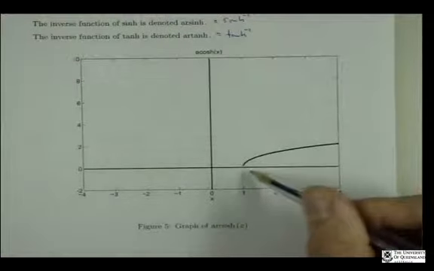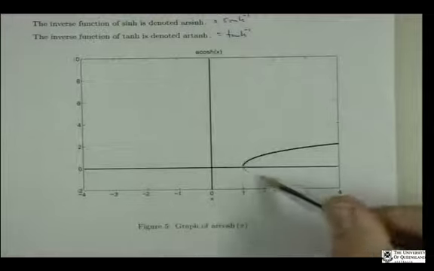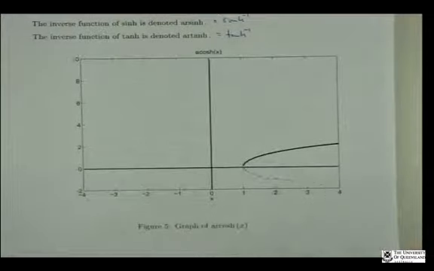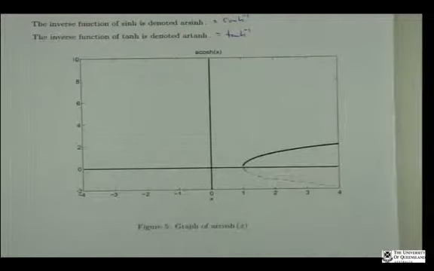The problem is, if I were to think of flipping this graph round, or rather looking at the reflection of this graph about the line y equals x, this is what it would look like, including both sides of the cosh function, both positive values of x and negative values of x.